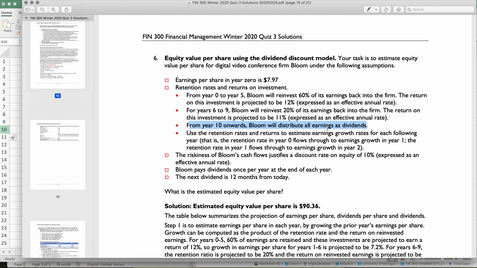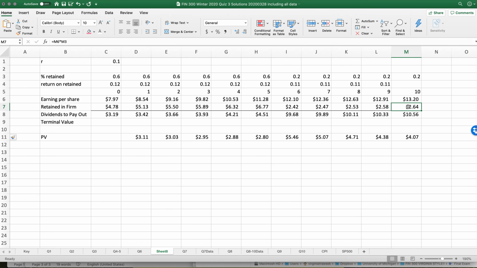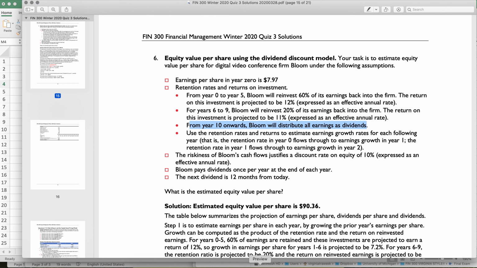From year 10 on, Bloom will distribute all earnings as dividends. So let me go back here. This should actually be 0. And they don't have information about the terminal value of the company.